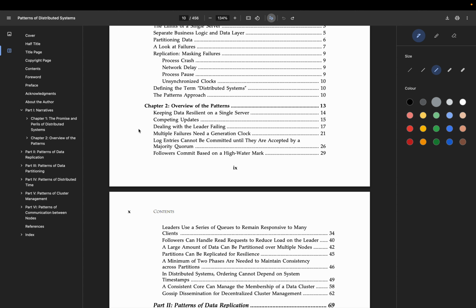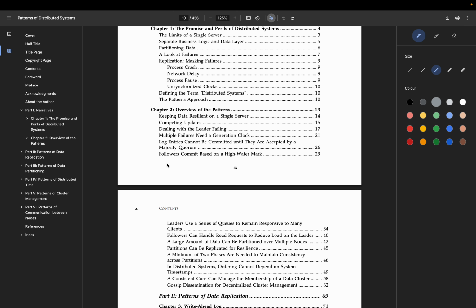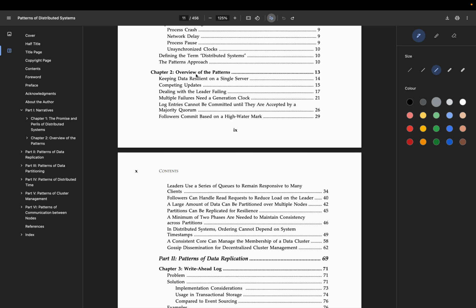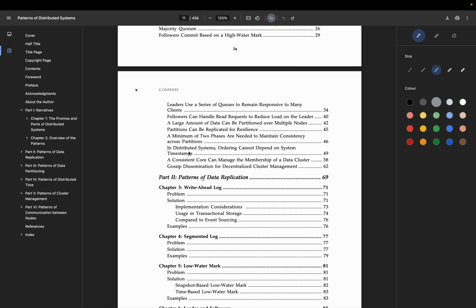Then we have competing updates, dealing with the leader failing, multiple failures, and the need for a generation clock. All these things are very useful when you go for FANG level system design. These are some of the patterns you always have to keep in mind. This is the overview of all the patterns we have in distributed systems. Ordering cannot depend on the system timestamp, and so on.